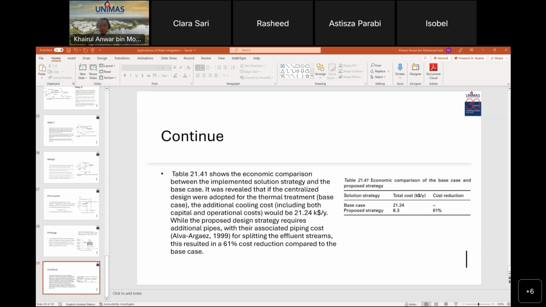Table 21.4 shows the economic comparison between the implemented solution strategy and the best case.